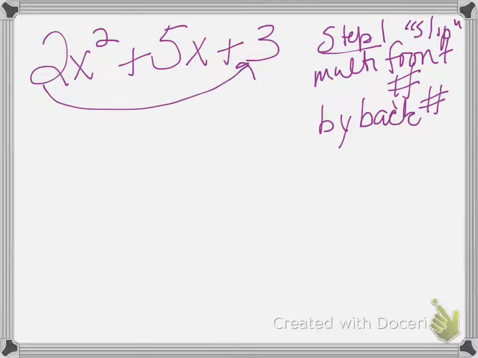Would that be 2x? Would that be 6x? All right, so it's going to disappear from here and reappear back here with the 3. So that would be x squared plus 5x plus 6.